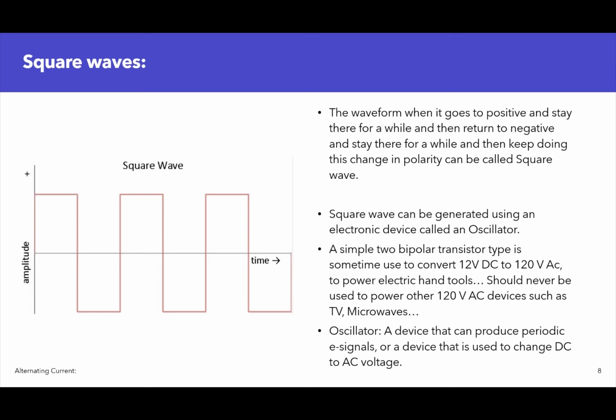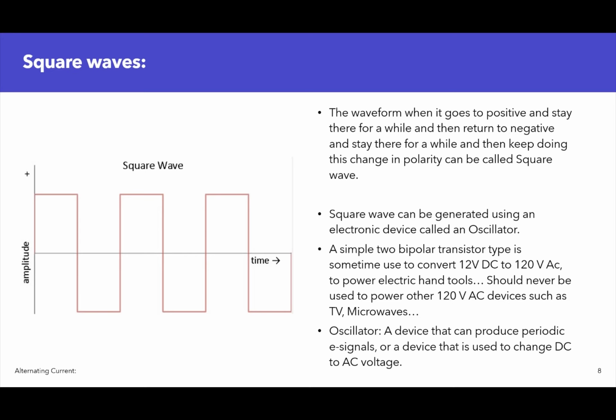So a precaution should be taken not to use your oscillator to convert DC to AC and then power up the TV. That should not be allowed, so please guys, don't do that. It is only for hand tools, like an electric gun or tool, or an electric screwdriver, and these things should be okay.